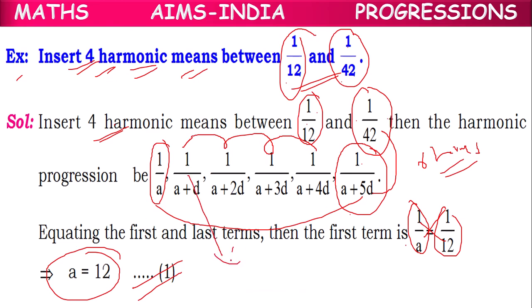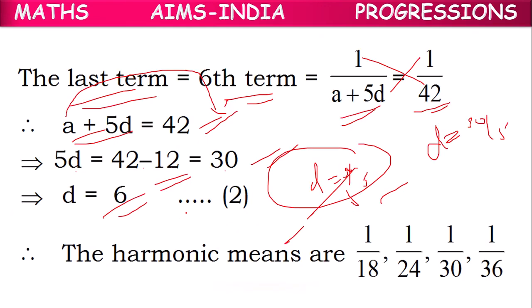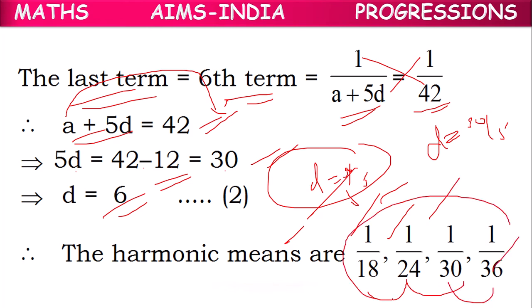Now the harmonic means are a plus d, 12 plus 6, which is 18. a plus 2d, 12 plus 2 into 6, which is 24. Like that, 1 by 18, 1 by 24, and we can keep adding 6: 24 plus 6 is 30, 30 plus 6 is 36. These 4 are the harmonic means between 1 by 12 and 1 by 42.